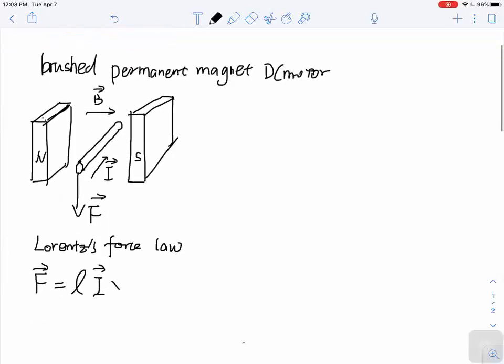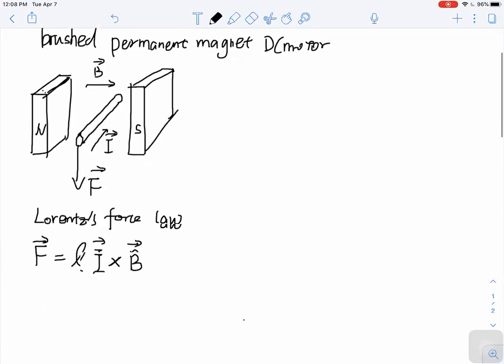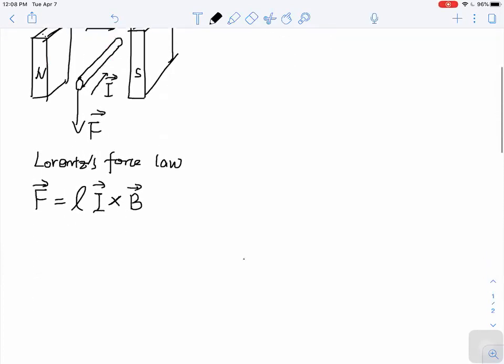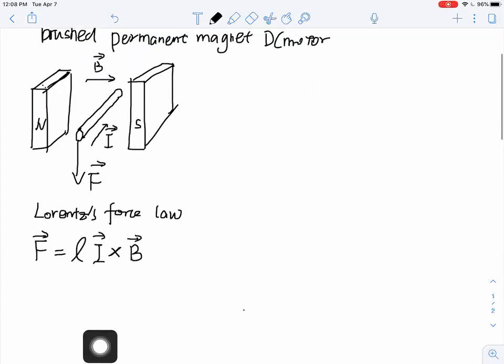You guys learned cross product from statics and dynamics, right? Cross product the magnetic field flux from North Pole to South Pole. So the force generated by this motor follows this equation, and that's the most basic equation for all the motors.